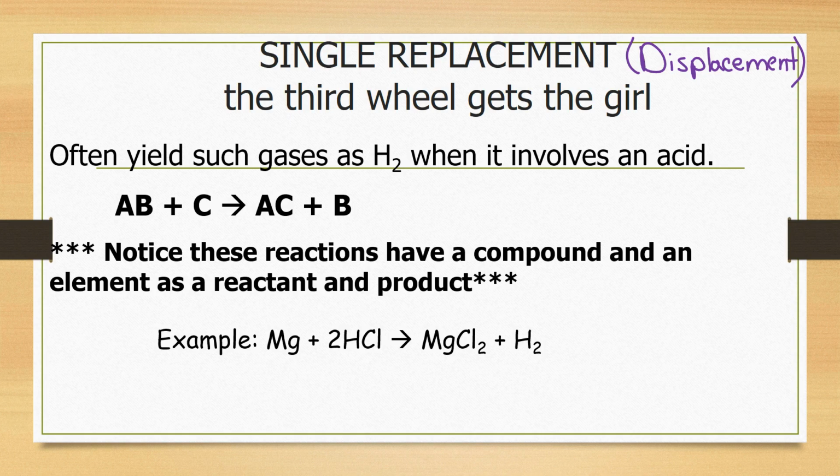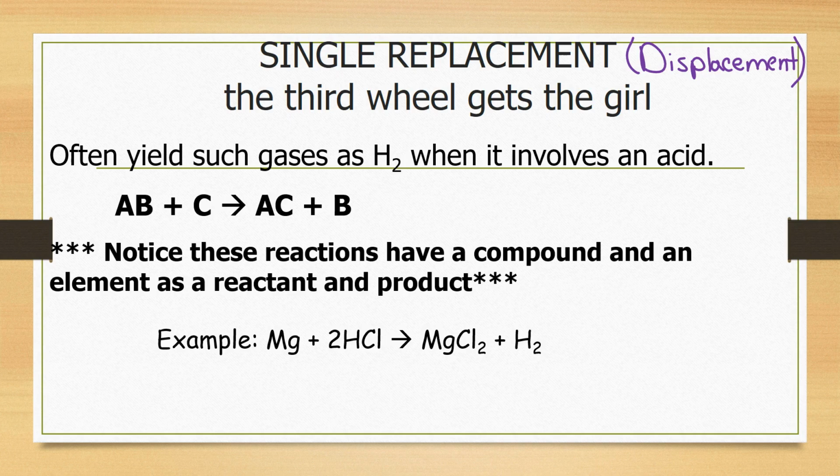All right. So when you're looking at these, notice that the reactions have a compound and a singular element. You will always have that format where you have something that's a compound and you'll have one that's by itself. And so in the example that I gave you, you have magnesium, which is a metal by itself, and it's reacting with hydrochloric acid.